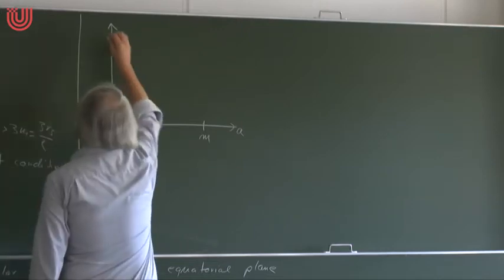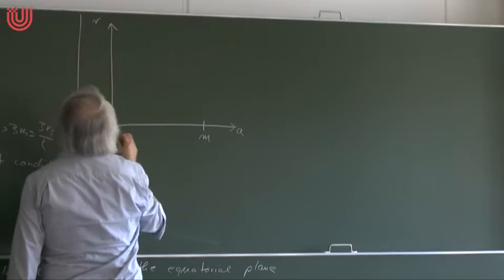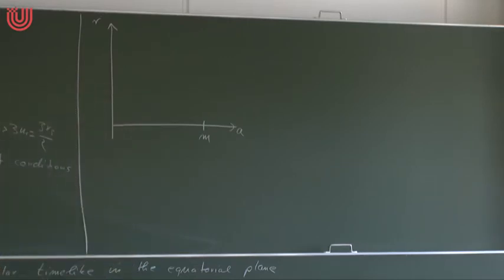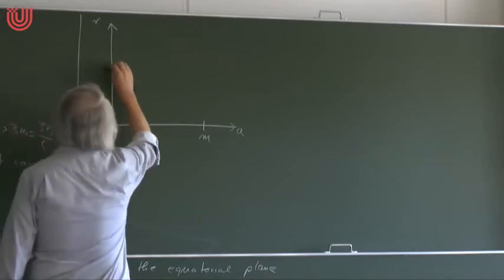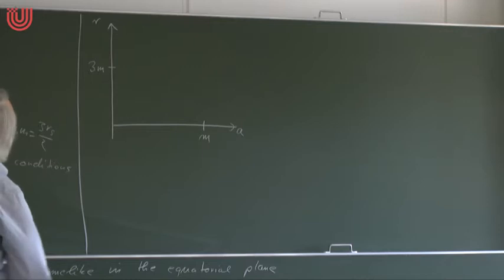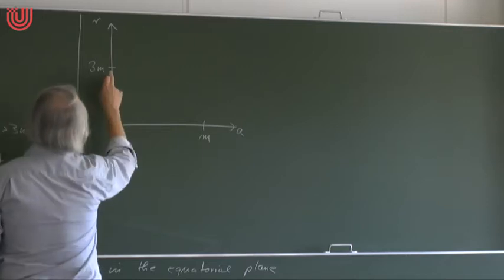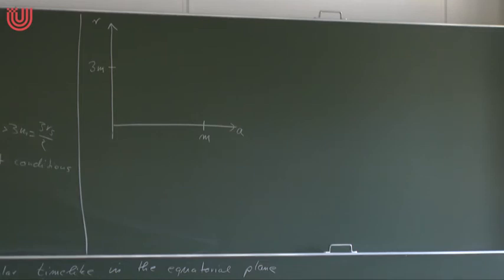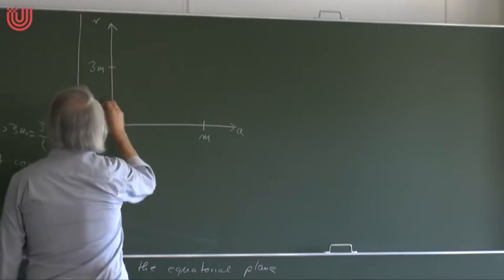And here I want to write where the time-like orbits are, where the last time-like orbit is. We have already discussed that for the Schwarzschild case, it is at 3m. A equals 0 is Schwarzschild, so it must start here. And then you have two solutions, and what you get is the following.